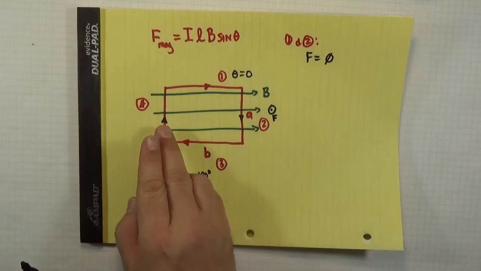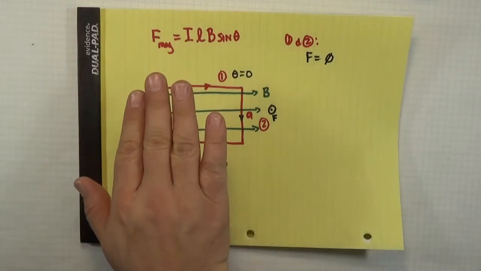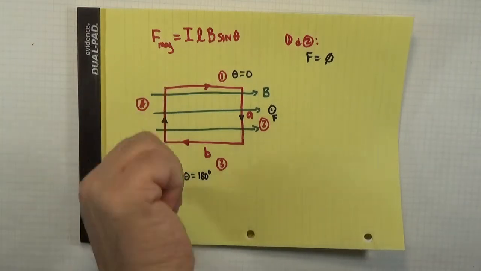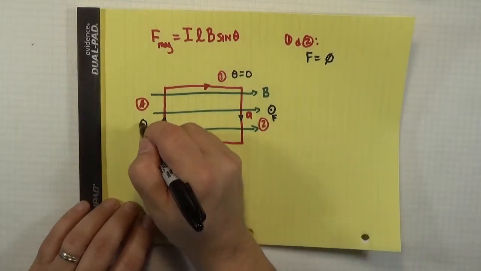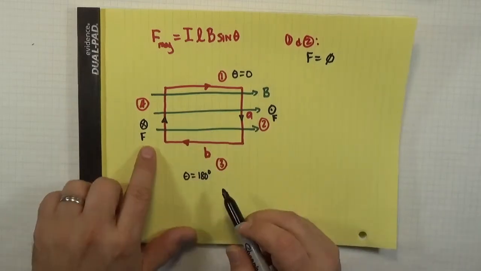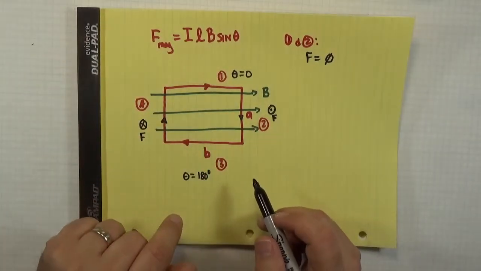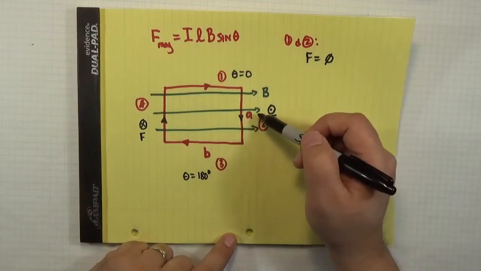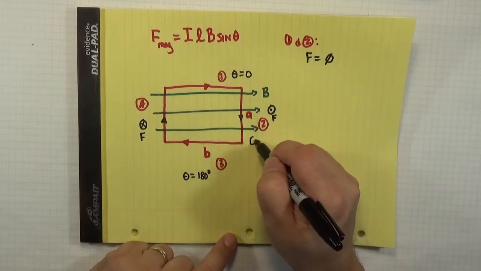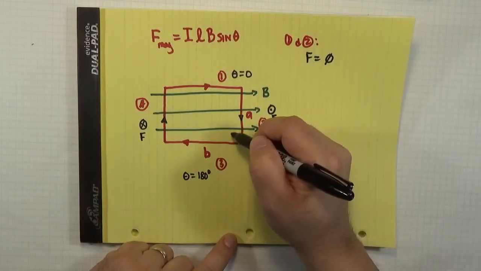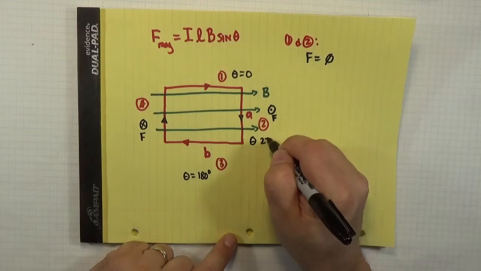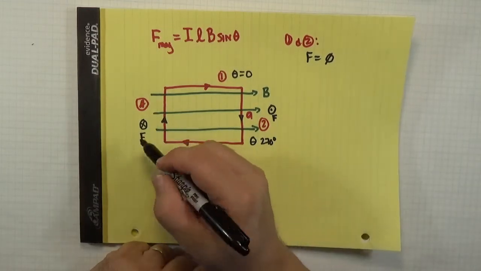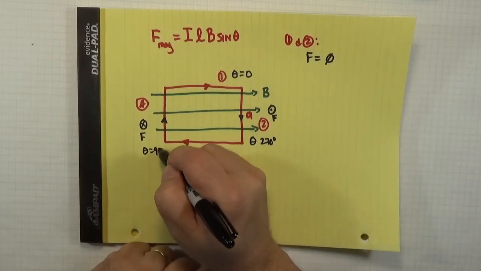And if I do the same thing over here, my fingers go in the direction of the current, my palm has the magnetic field coming out of it, and when I close my fist, my thumb is pointing down into the page. So on this side of the loop, the force is pointing down. In this case, the angle between the current and the magnetic field on this side, okay, so the current's flowing this way, and I go 270 degrees to get to the magnetic field, and on this side, I go from the current to the magnetic field, I get theta is 90 degrees.